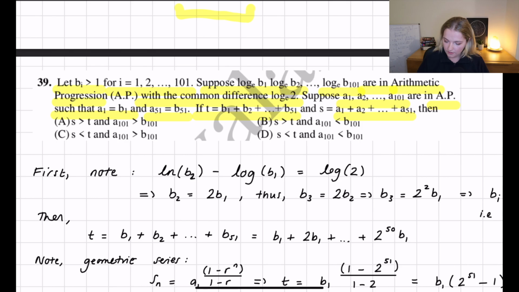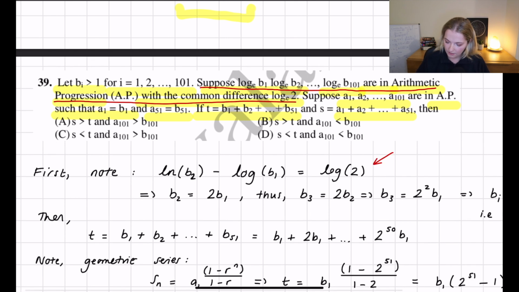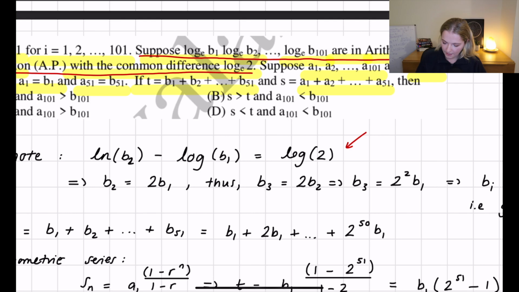So the first thing we can do is look at the condition, which I'm just going to underline, it's this condition here. We're saying that this is in arithmetic progression with common difference log base e of 2. So what you can say straight away is this condition here. I've also just realised that I started writing the natural log here, which I shouldn't have done.